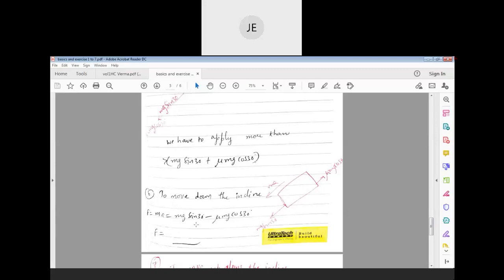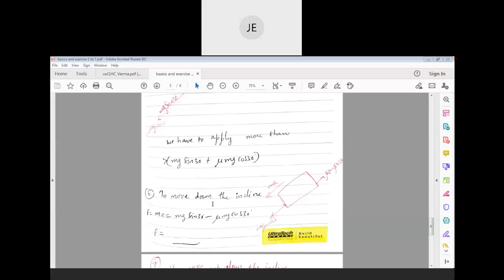So check once what is the value here. Here mg sin 30 value is 10 Newton, and mu mg cos 30, the frictional force value, is around 2 into 1.7, which means 3.4. So already the weight component is more. 10 Newton is already acting downwards, more than the frictional force. So you don't have to apply any extra force.